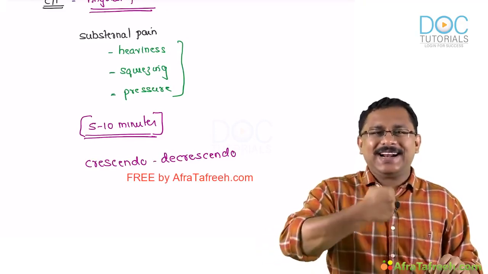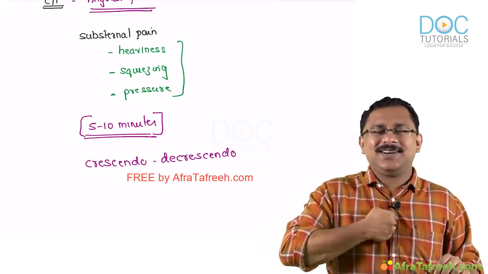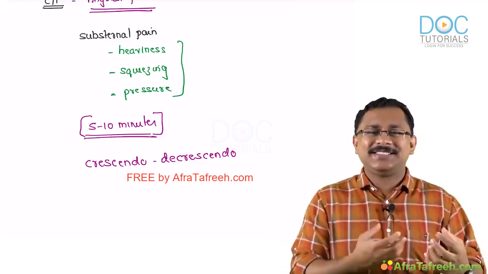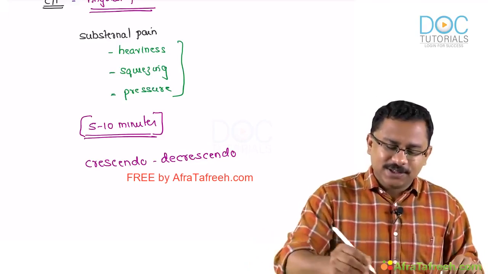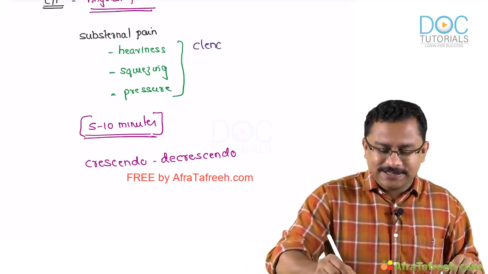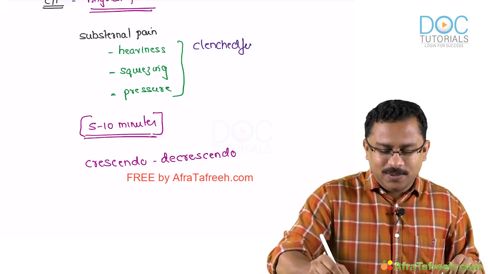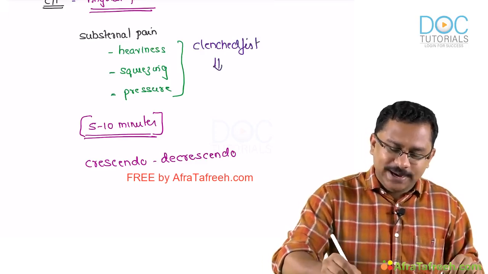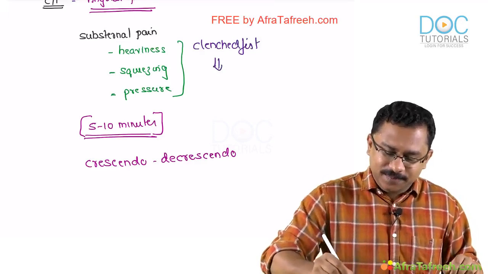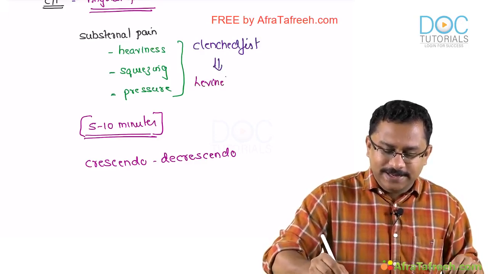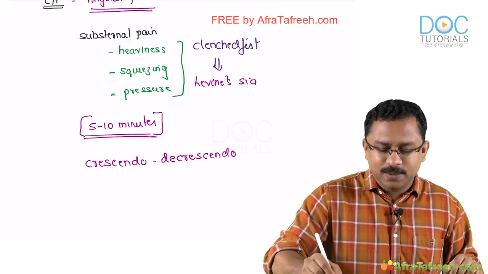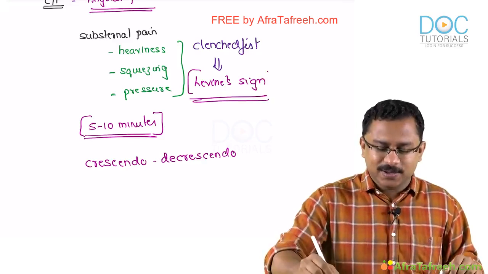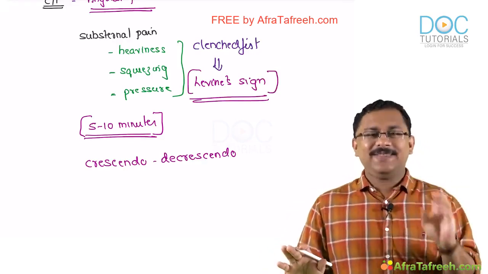So this clenched fist over the sternum that the patient might show you to demonstrate the nature of anginal pain, that is referred to as what sign? It is referred to as Levine's sign. Very, very important. As in a clenched fist, Levine's sign. All right, so that is very clear.